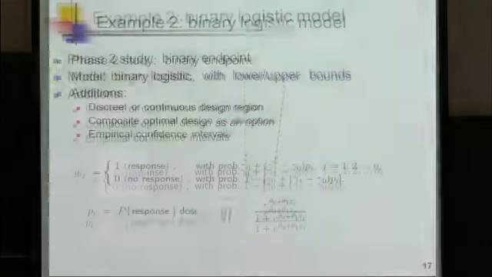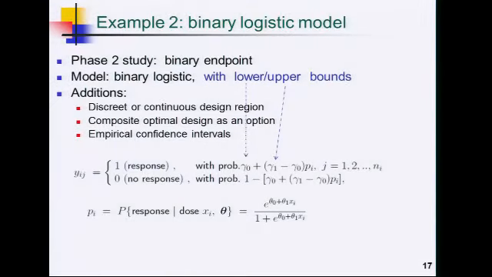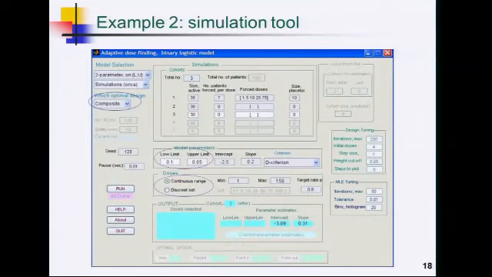The results about optimal design are known for many, many years, and this is one of the papers going back to the 60s, which is not very often cited, where the first results about optimal design for binary logistic model were published. And we created, again, a similar standalone tool.